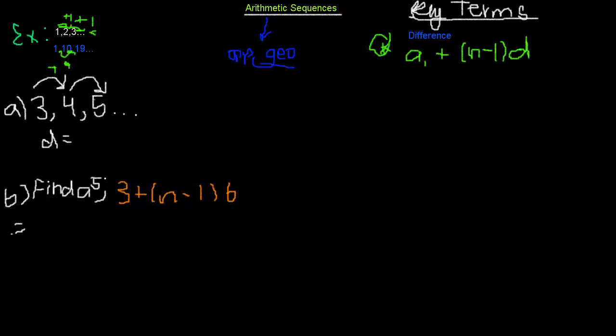And in this first scenario, I'm asking you what's the common difference of this arithmetic sequence, which is 3, 4, 5, and goes on forever. Well, just as a note, remember here, A1 of course means your first term, and if I was asking you for the first term, it would be this number here.